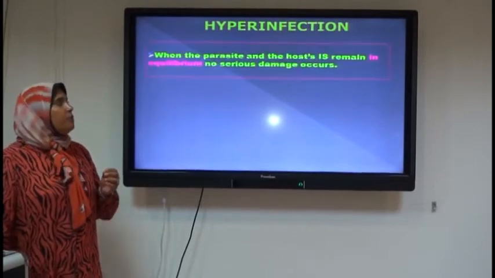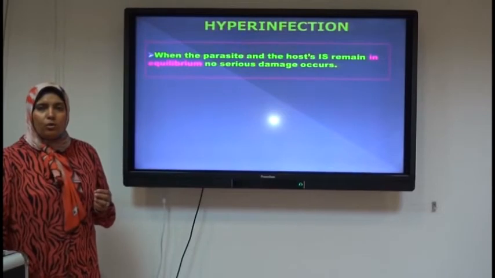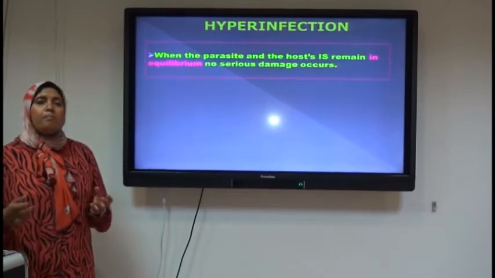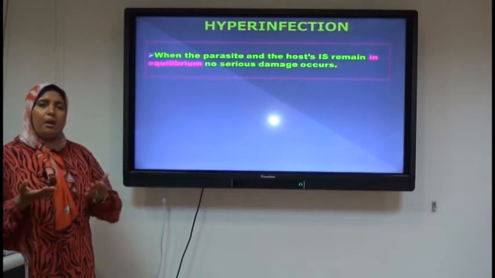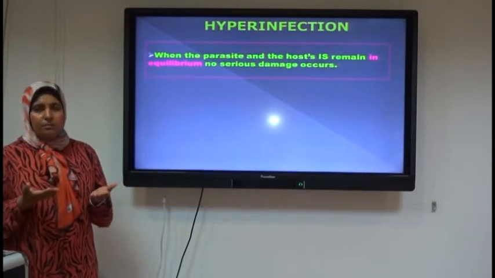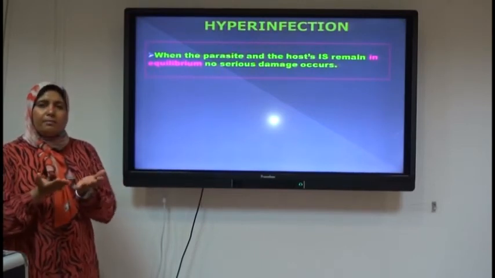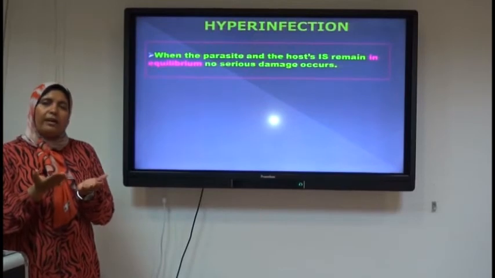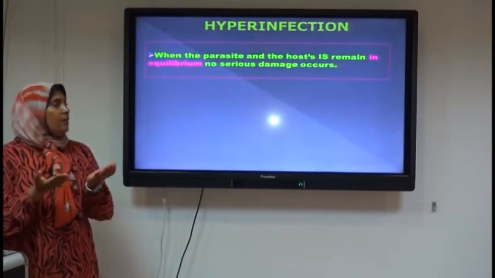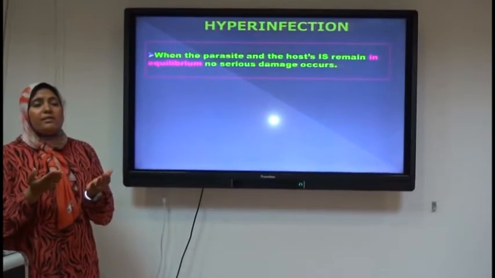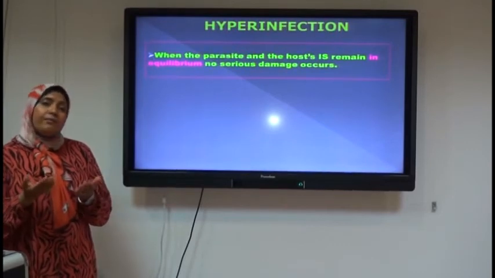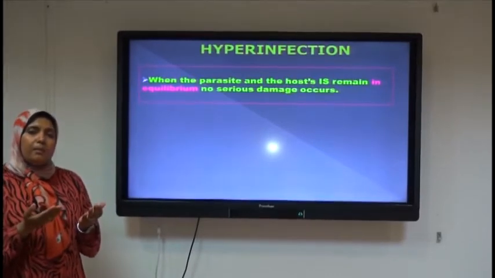It depends on the immune system of the host. We always say that there is a balance between the parasites and the immune system of the host. Once there is a balance between these two sides, the disease will pass without serious damage. It will manifest, but without serious damage.